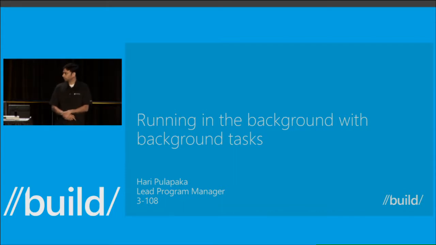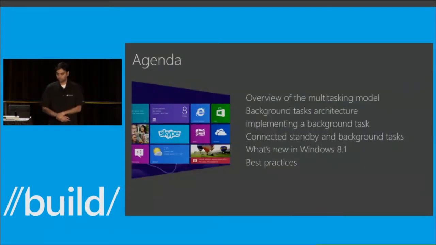Okay, let's get started. Agenda: I'm going to start at a very high level, giving you an overview of the model for running in the background inside Windows. I'll show you the basic architecture of how background tasks are implemented inside the system, and talk about the services that implement the background task infrastructure.